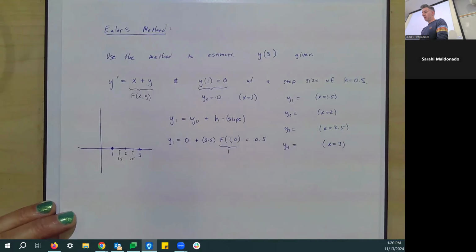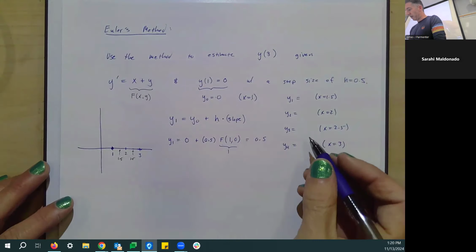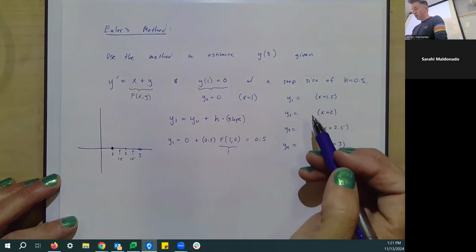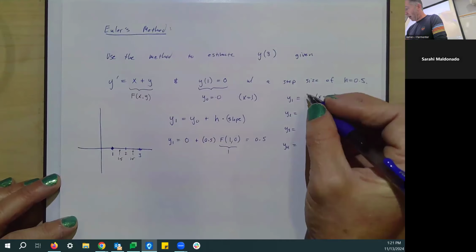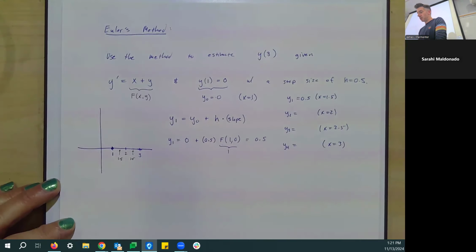Cool. I don't really think I need to record the x values because every time the next x value is just an increase of 0.5. So I could point out, I've already written it over here, so I might as well. When x is 1, y is 0. When x is 1.5, we're approximating y to be 0.5. And then we're going to do it again.